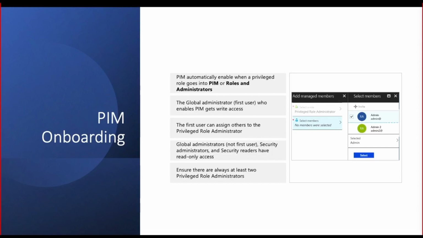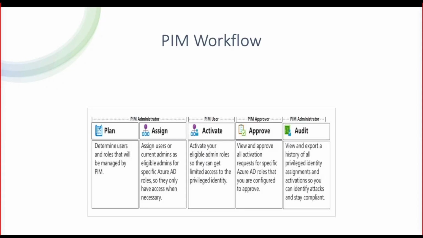And we have already seen how we can make the activation with a justification, the assignment for what duration we want, and the notification if you want to send any. In the PIM workflow, we understood how we can select a user, for example, in our case, user one, and assign the permission like user administrator. And for the time window we have assigned, he can activate the role by sending a request to the approver.